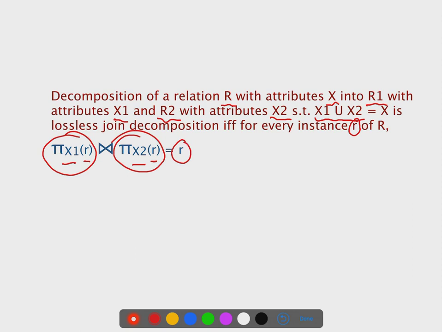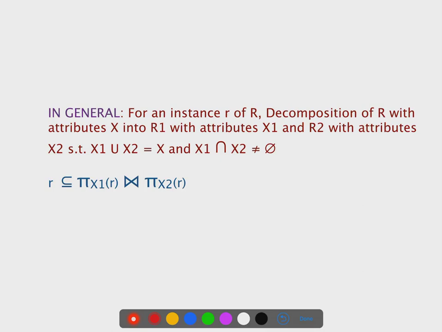But this should be true for all possible instances of R. And in general, when we decompose R into R1 and R2, such that the union of the schemas is equal to the schema of the original relation, and of course the intersection of the schemas should be a non-empty set, such that we can do a natural join.